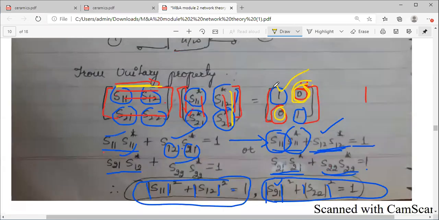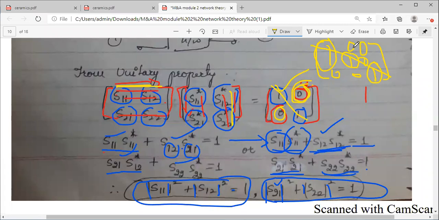You can observe, see diagonal elements are getting equated. अगर आपको 3 port network है आपके पास, तो आपका आइडेंटिटी मैट्रिक्स ऐसे आएगा. Okay, so under that condition, again first row first column, second row second column, third row third column, and so on. So diagonal elements you are considering equal to 1.